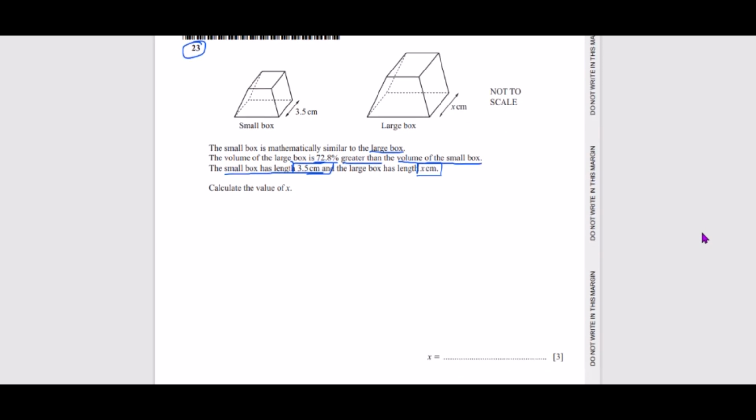We use the formula. First of all, we consider that the large box is 72.8% greater than the volume of the small box.